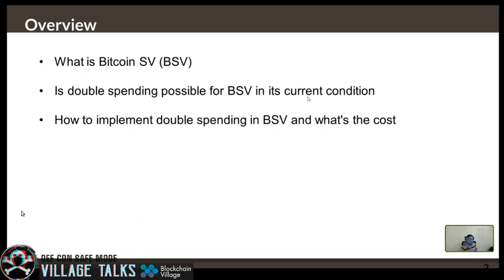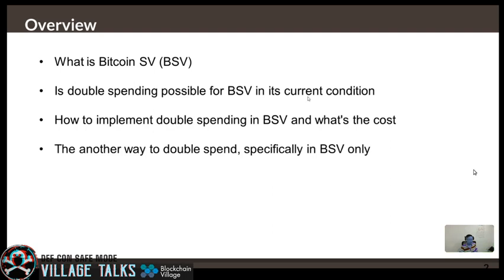Thirdly, I will talk about how to implement double spending in BSV in more detail, and what the cost is. Finally, I will talk about another way to do double spending specifically in BSV only.